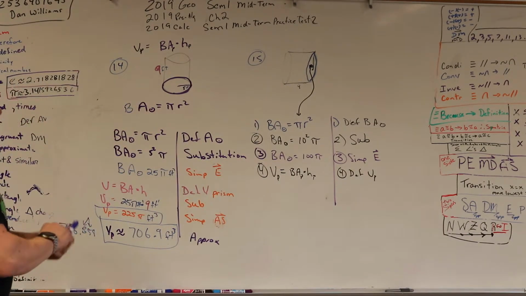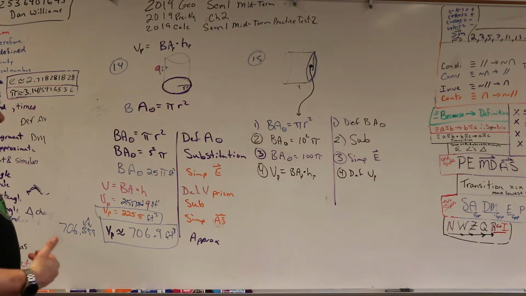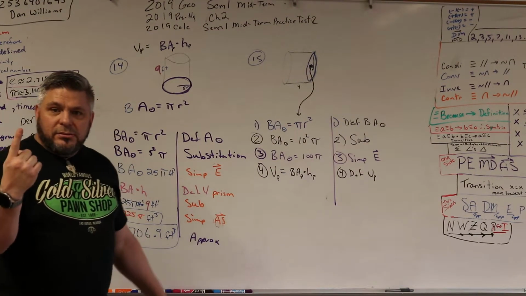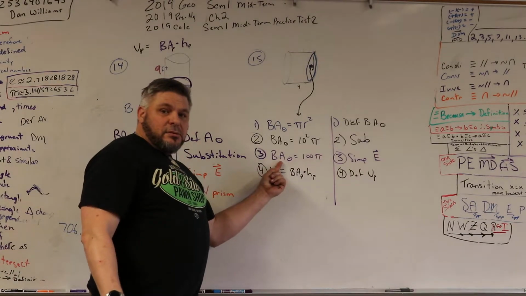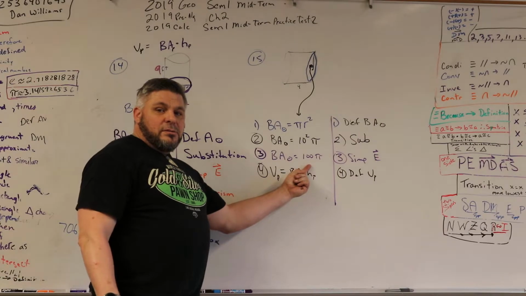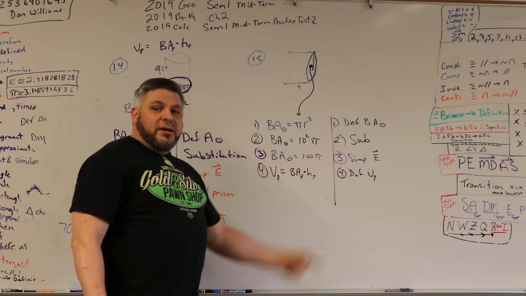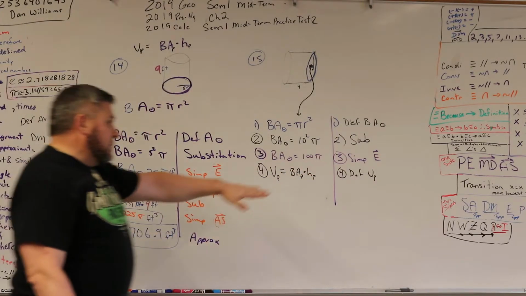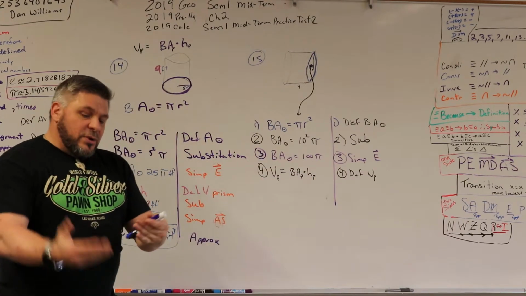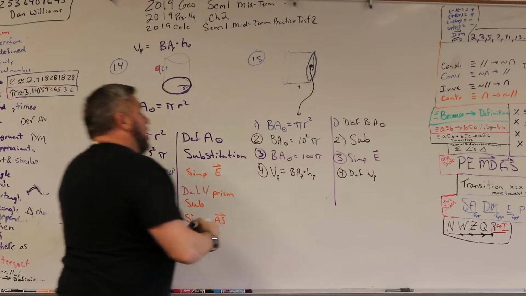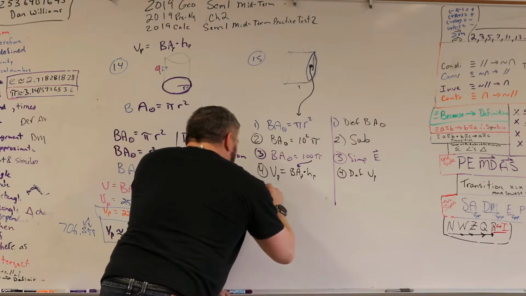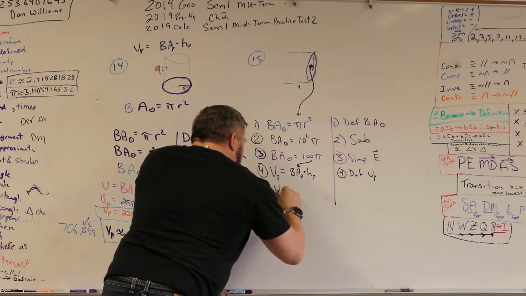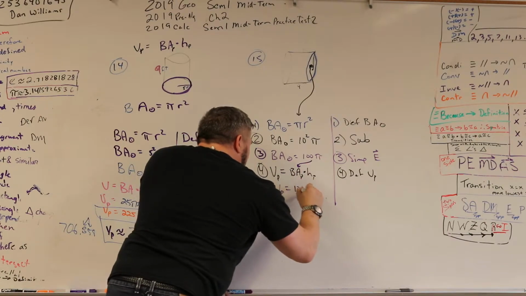So now we can plug some things in. Do we know what the base area is? What's the base area? 100 pi. So we're going to take that 100 pi and plug it in. The volume of a prism is equal to 100 pi.